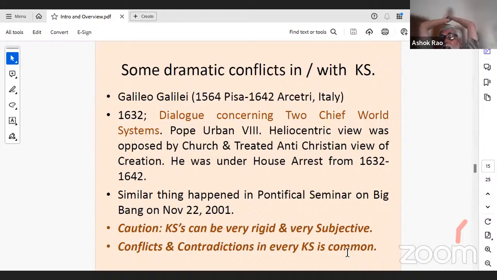The value and the maturity of the knowledge system clearly tells how well these are handled. So how well conflicts and contradictions are handled is really the superiority or the maturity of a knowledge system. If conflicts and contradictions are handled through a gun, like it happens in the Taliban, then it's a very primitive and a very brutal knowledge system.